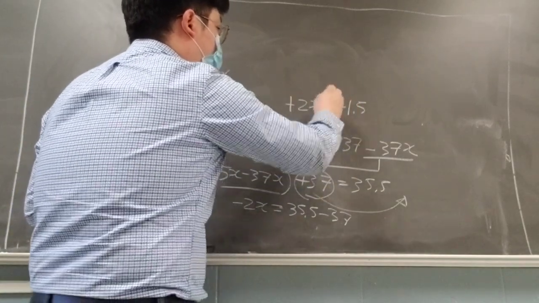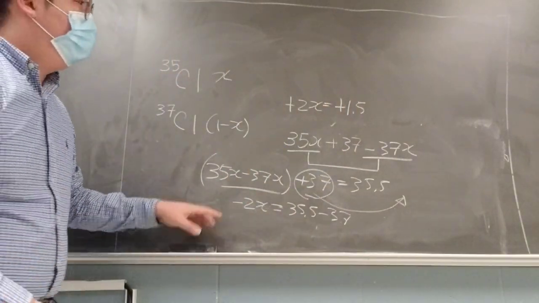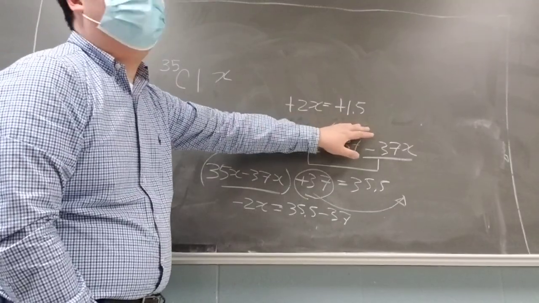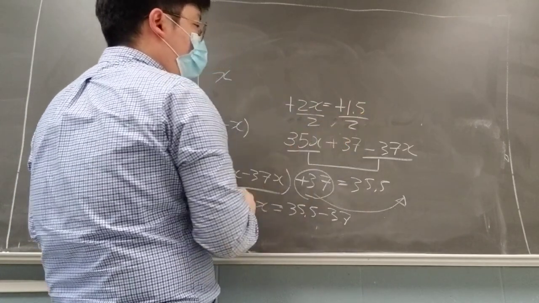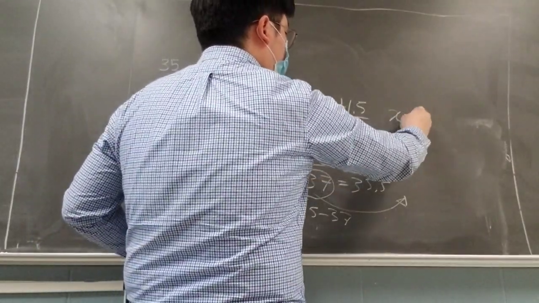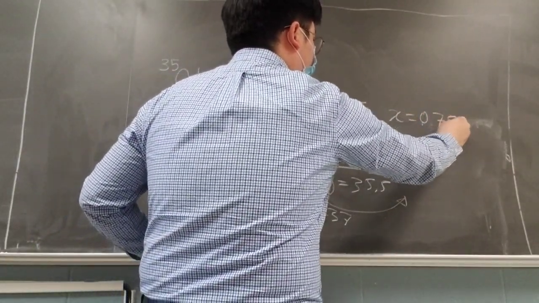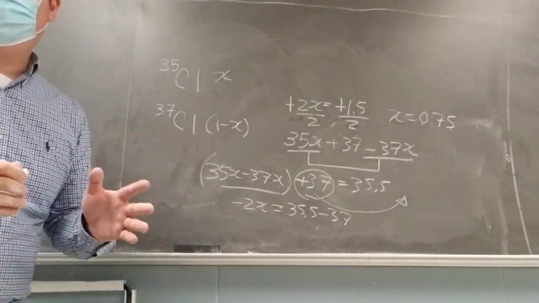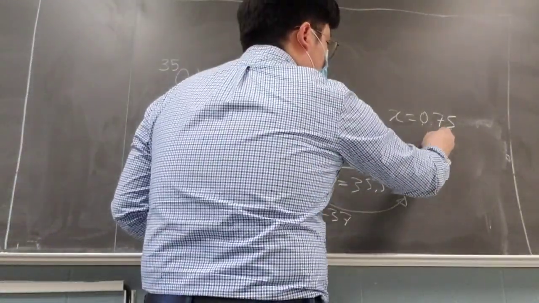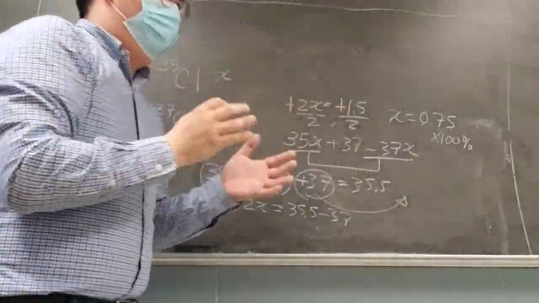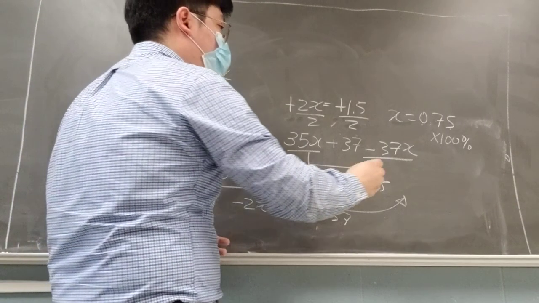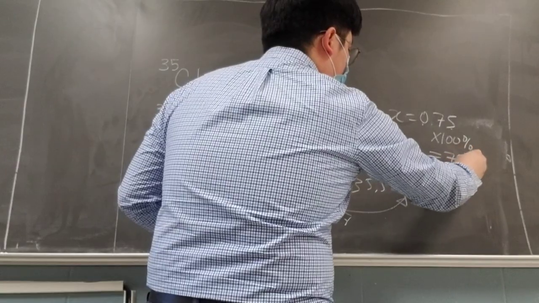So just multiply both sides by negative 1. That makes 2x equal to 1.5. If you divide it all by 2, x equals 0.75. Once you get the number for x, you just need to multiply it by 100, because we considered the 1 as 100% again. So that makes 75%.